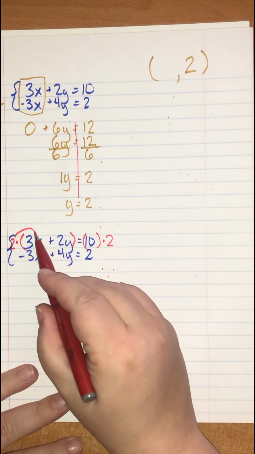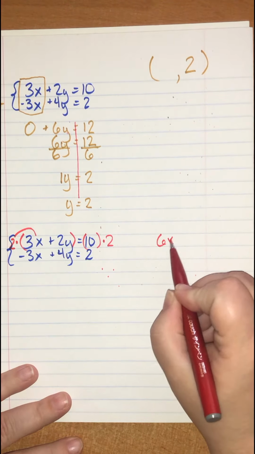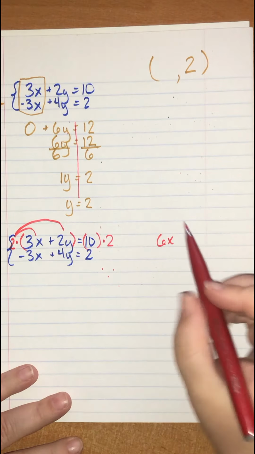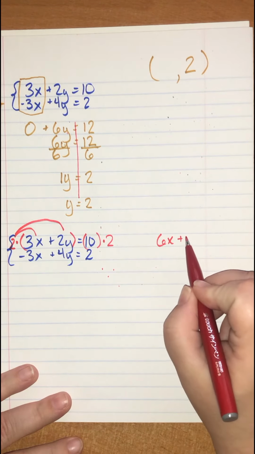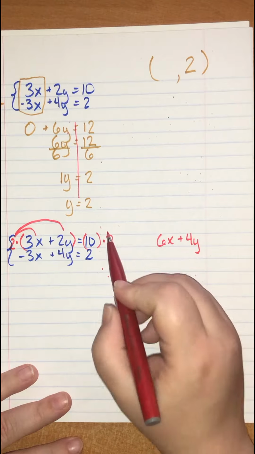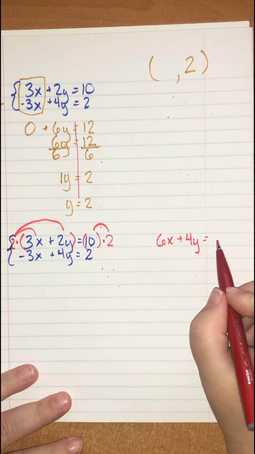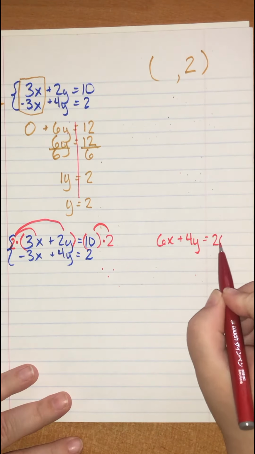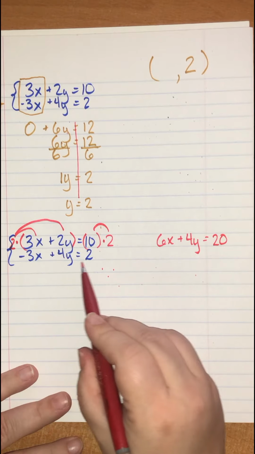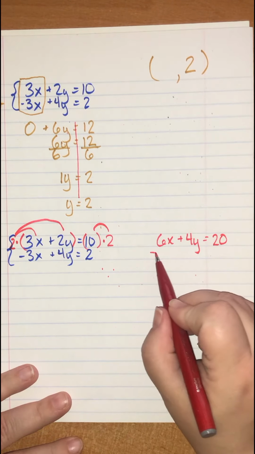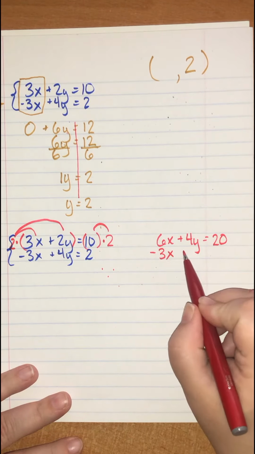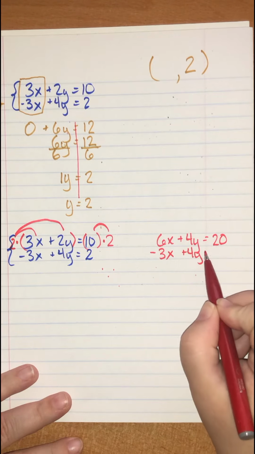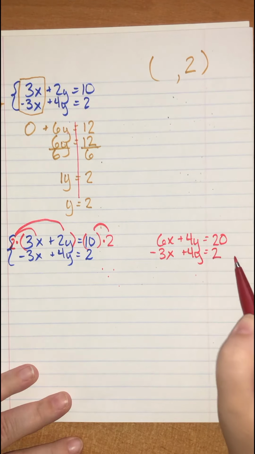So 2 times 3x is 6x, and 2 times 2y is 4y, and here 2 times 10 is 20. I'm going to line this other equation up underneath so we can do our elimination.